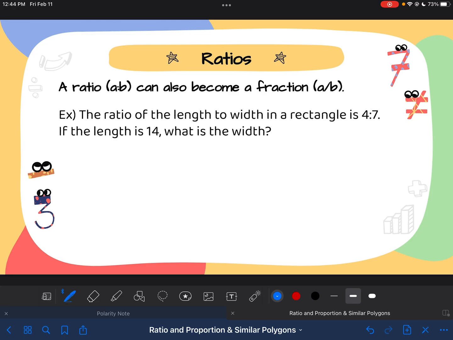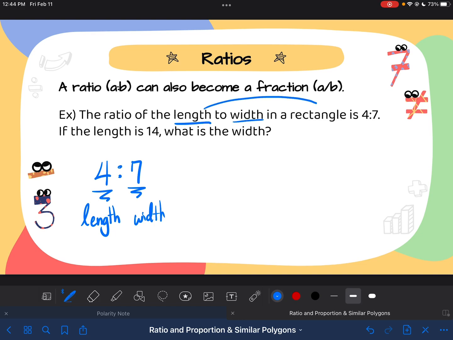So if we look at 4 and 7, the 4 represents the length, while the 7 represents the width. Everything written here is in chronological order.